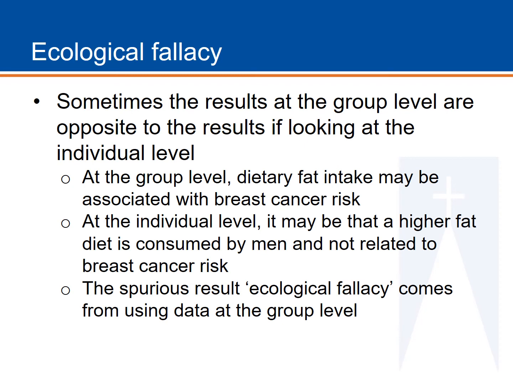So the spurious relationship that results is what we call the ecological fallacy, which comes from using data at the group level and inferring an individual level relationship when in fact that relationship does not exist. And we won't know whether or not the relationship is true or not without having individual level data. So that is why an ecological study is always followed up with information and analysis at the individual level.